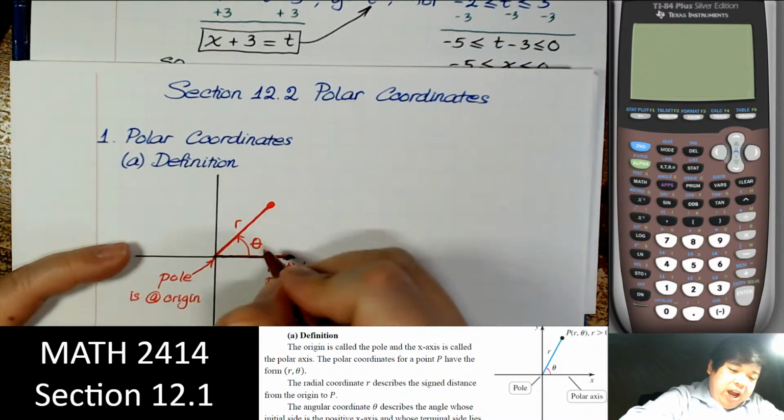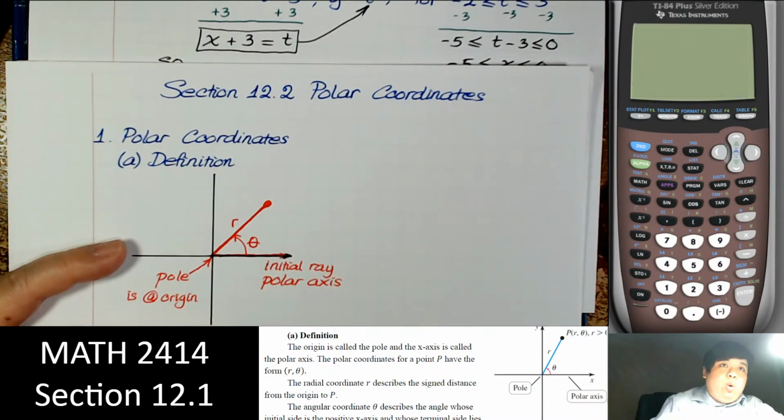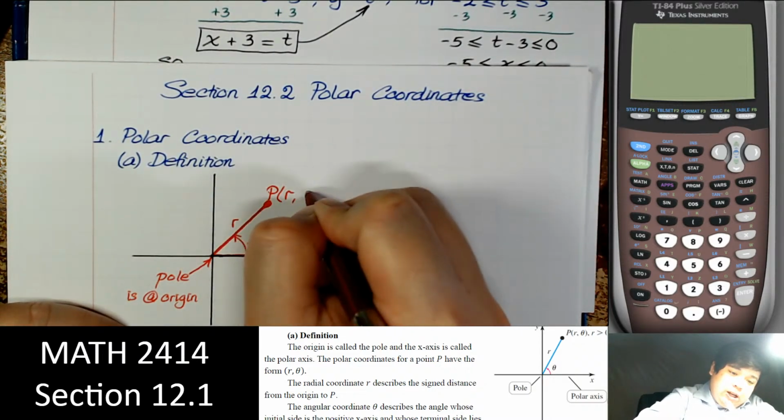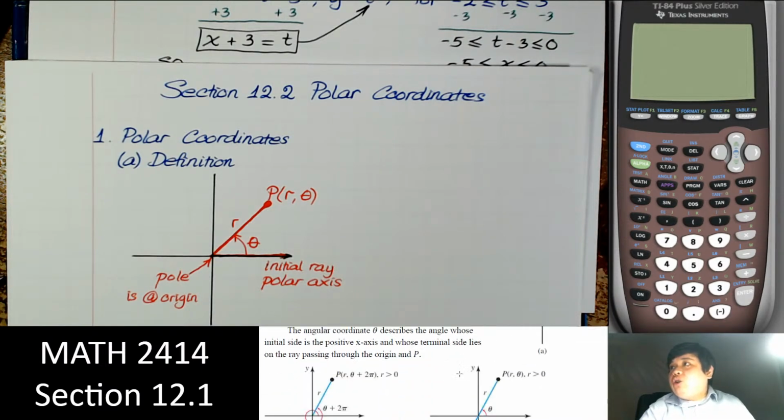So as long as we have the angle theta and r, we can identify the point here. So this point in polar coordinates is r and theta. And in this case, we define r to be positive.